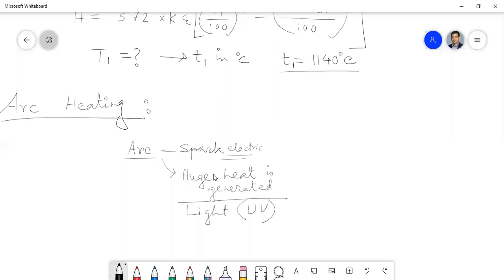But heat is generated, and that heat we use for welding purposes. Okay, so one thing is very much clear that due to this arc, huge heat is generated, and that is large compared to the normal heating or I square R heating.